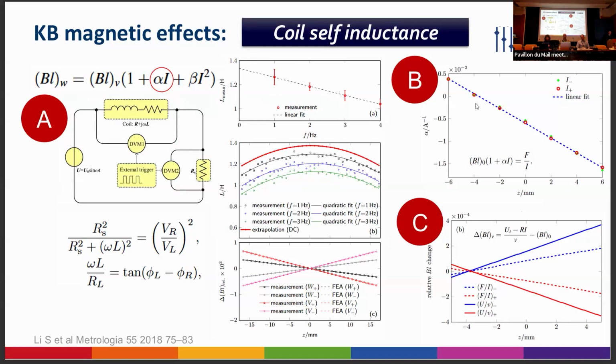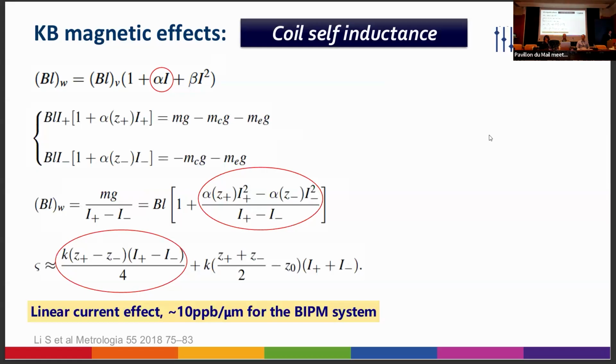Of course, you can use these BL changes in the weighing and velocity, right? You can put some constant current. You can move the coil in the range. You monitor the induced voltage, and you get this alpha value. And you can also do weighings at different positions if you know the profile. There are several ways to do that.